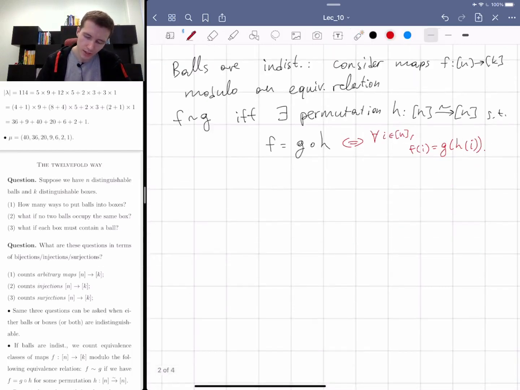And similarly, you can say that the boxes are indistinguishable. You consider a similar equivalence relation.